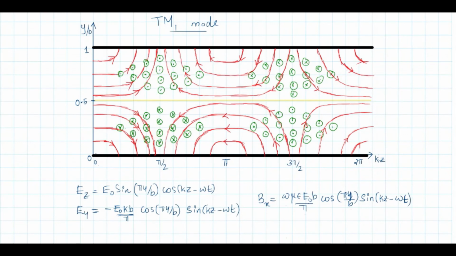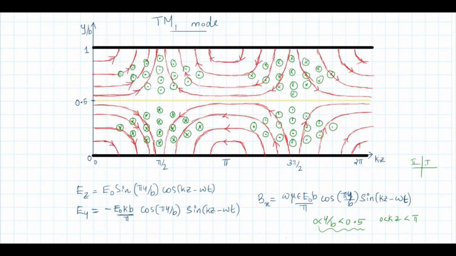Now, consider the region where y by b is less than 0.5 and kz is less than pi. Between 0 and 0.5 for y by b, and kz between 0 and pi. That is, sine kz becomes positive, because in the first two quadrants, sine is positive. 0 to 0.5 means this cos angle is from 0 to pi by 2.